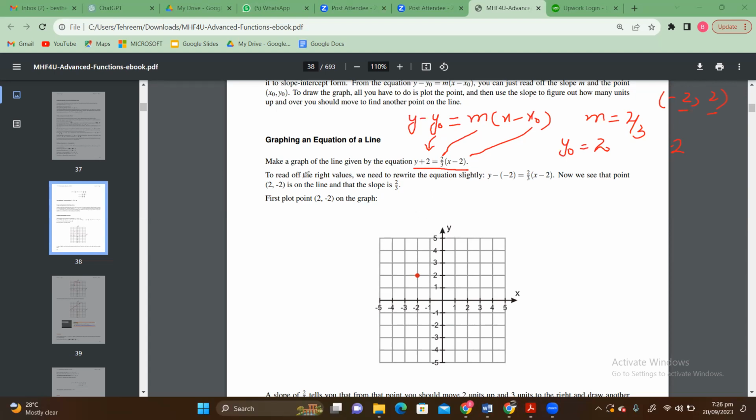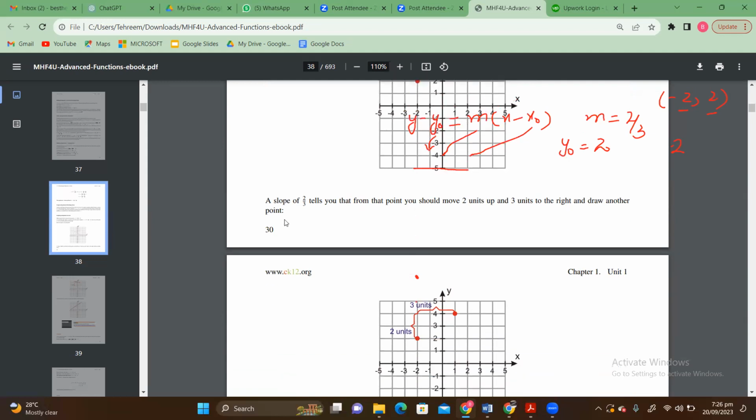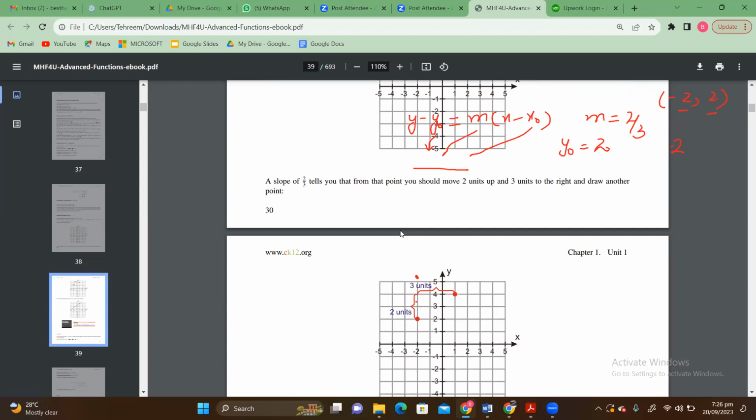So how are we going to plot? To read the right values, we need to rewrite the equation. Okay, now we can see the point (minus 2, 2) on the graph. So minus 2 on the x-axis: 1, minus 1, minus 2, and plus 2 on the y-axis. This is the point on the graph. Are you getting how we plot the point on the graph? Yes. A slope of 2 by 3 tells you that from the point you should move 2 units up and 3 units to the right and draw that point. 2 units up because the numerator means rise and the denominator means run.